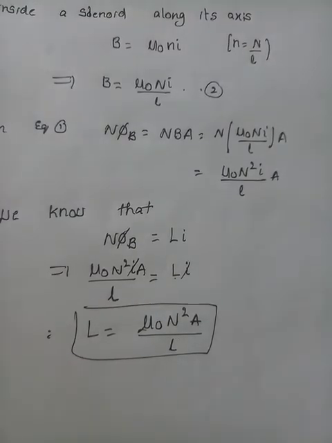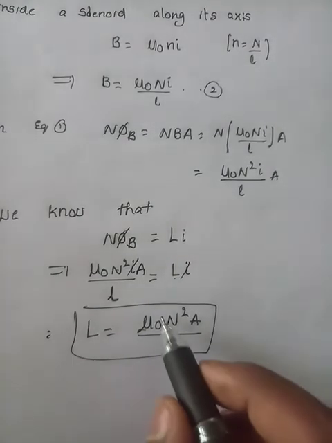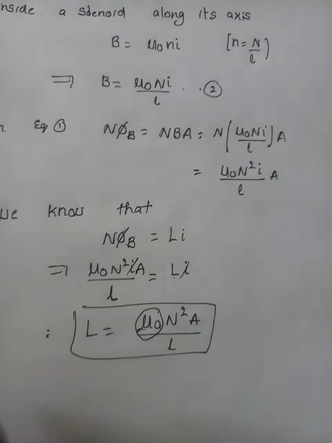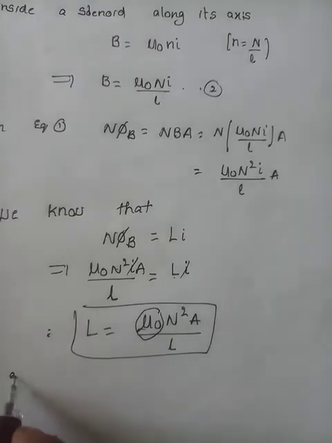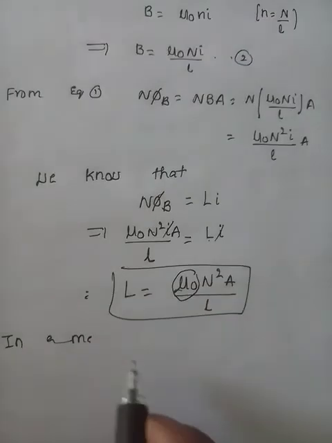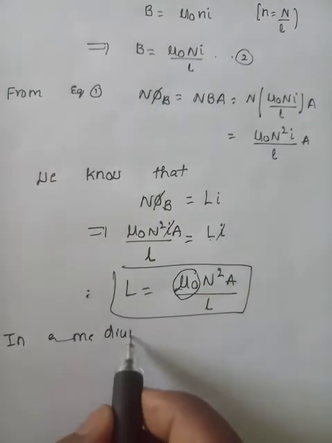So, the self inductance of a solenoid depends upon the nature of the medium. For example, if you take the same coil in a different medium, will it be the same? No, not at all.